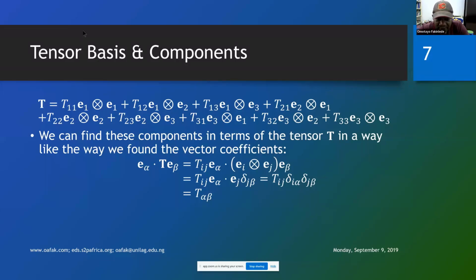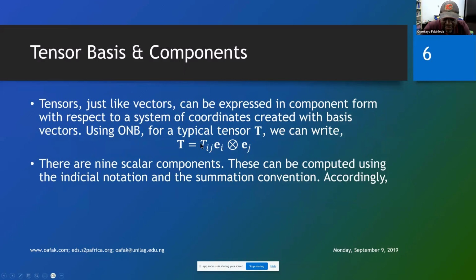Okay, let us see. Let me go back one step. What we are going to do is change T to Tij Ei circle times Ej. So we have T here, and we are going to turn this one to Tij Ei circle times Ej.